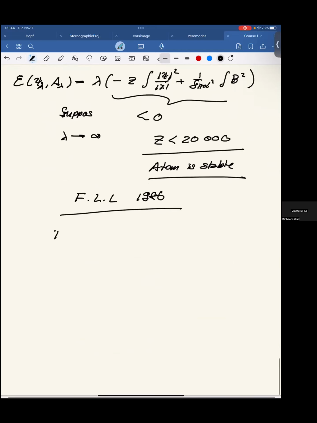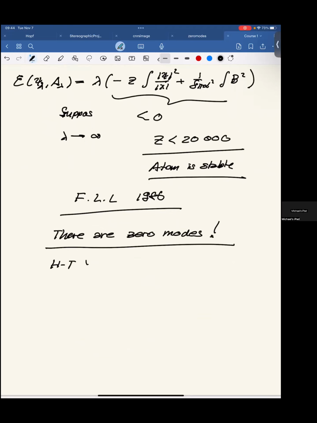Yes, there are zero modes. And this is something which I worked out with Horng-Tzer Yau, who is a famous mathematician now, right? This was his first paper, actually, we wrote together.